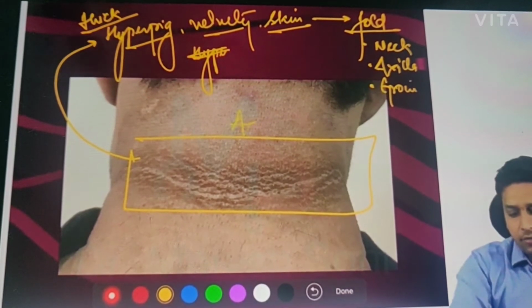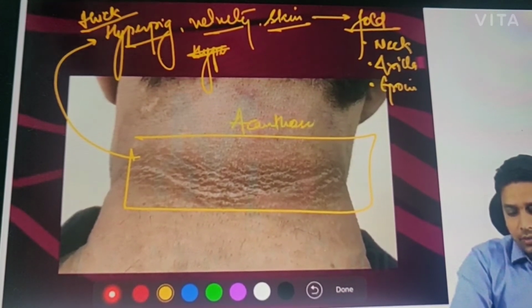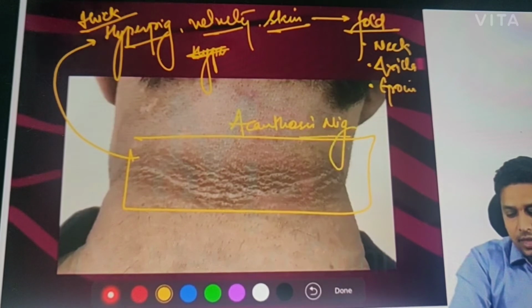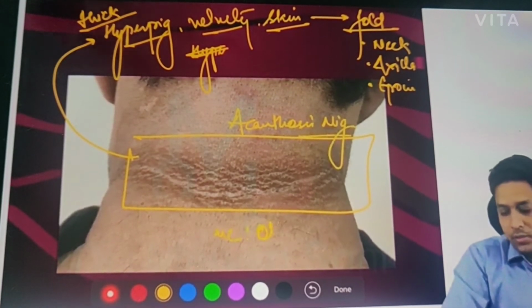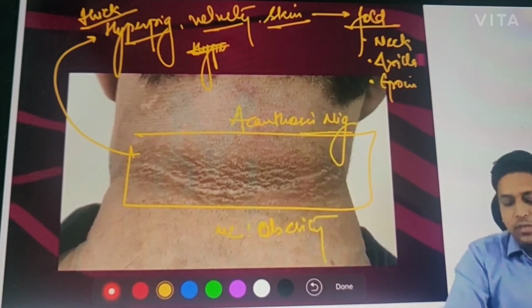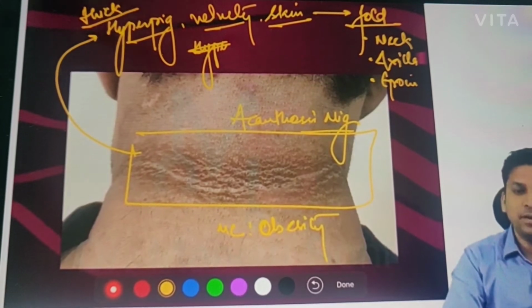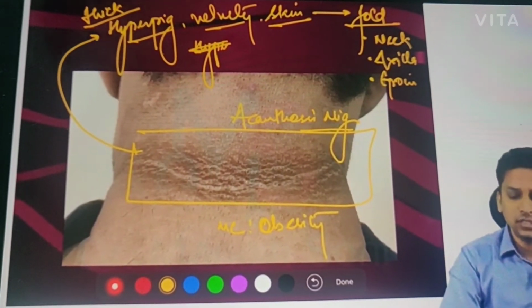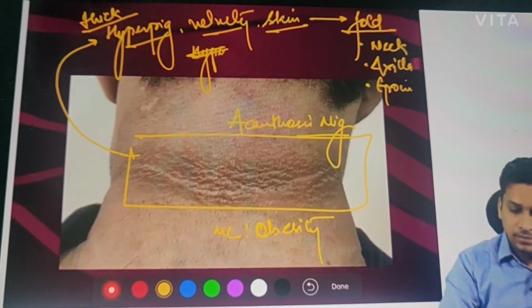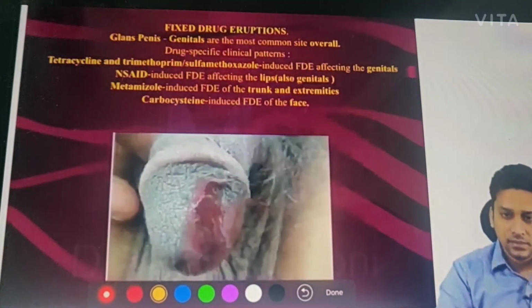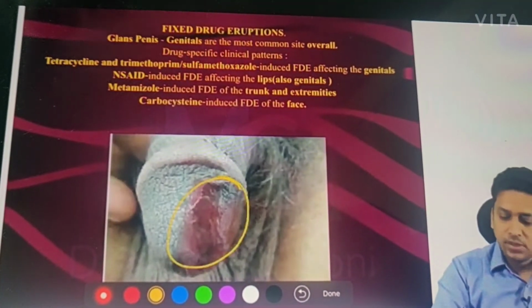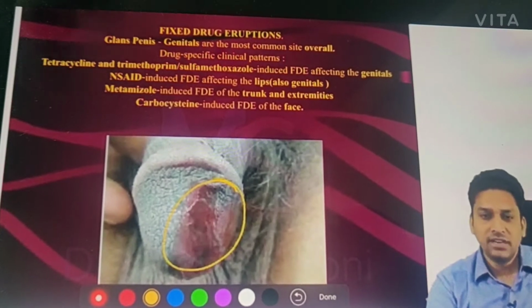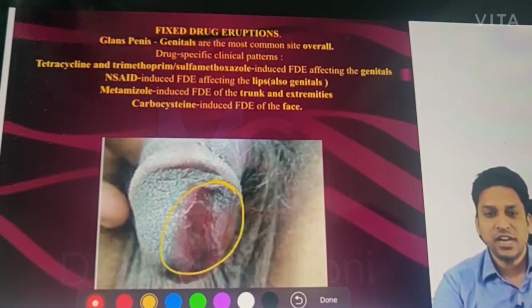This is a case of acanthosis nigricans, and the most common cause is obesity. So in these obese patients, they start developing this hyperpigmented thick velvety skin over folds. This is acanthosis nigricans.